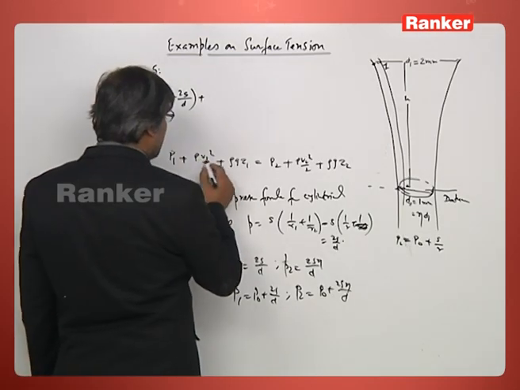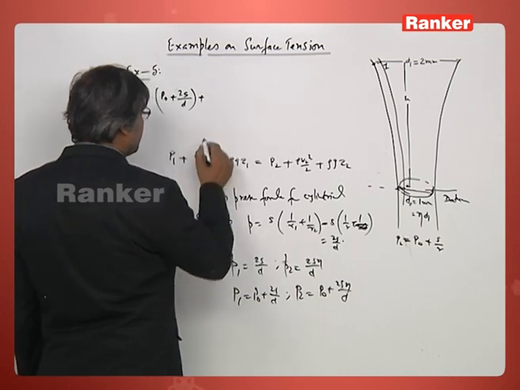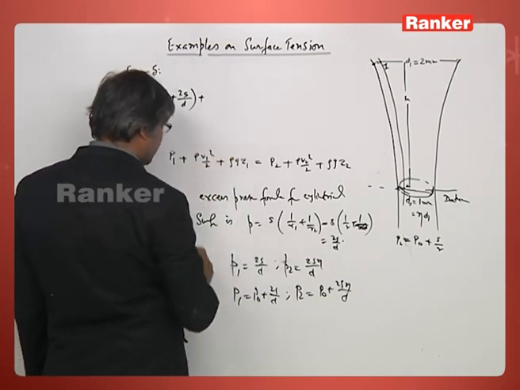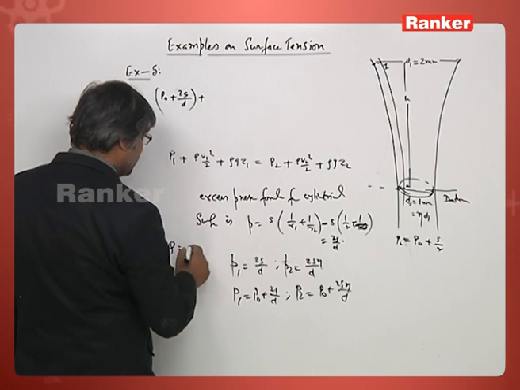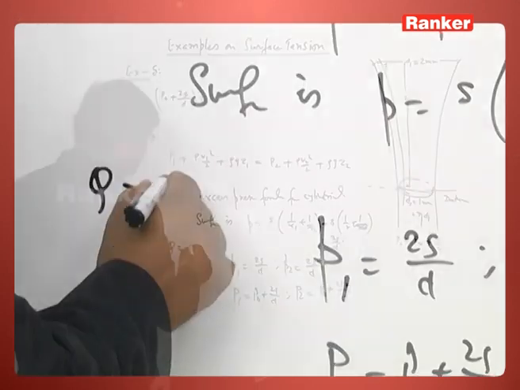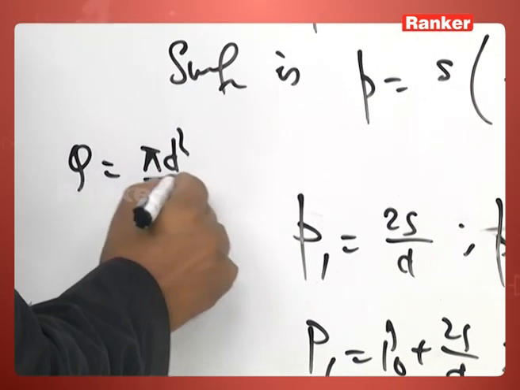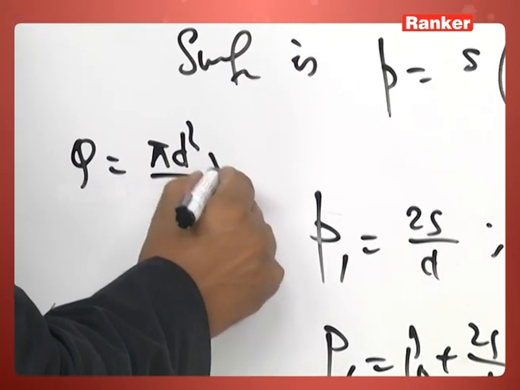From the discharge equation, the area is pi d square by 4 into V1.